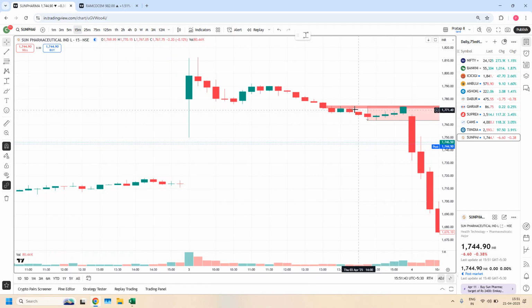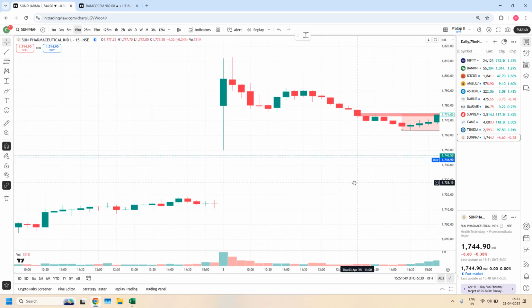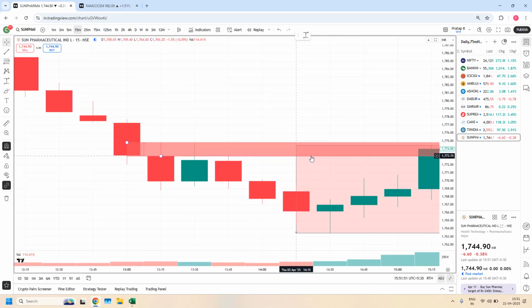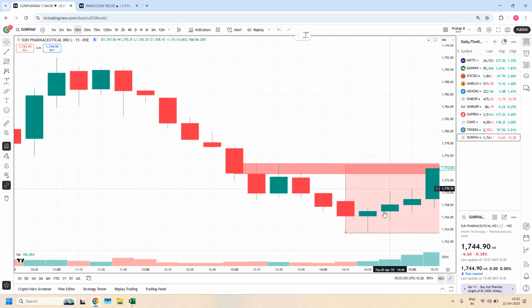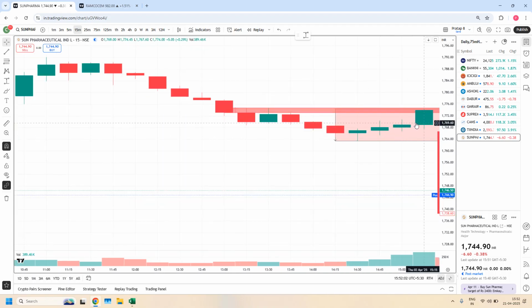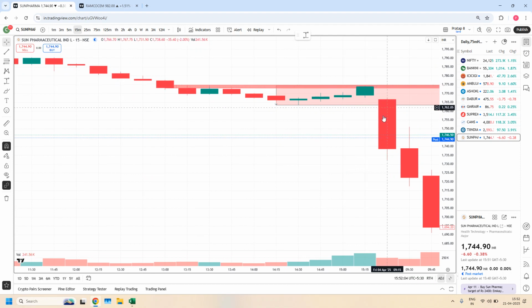See, all these, a lot of consolidation took place here. Prices went, came down, and this is not a small candle, definitely. So that's why here there is no proper base to draw the supply zone. But who pushed, and from where did somebody push the market down?